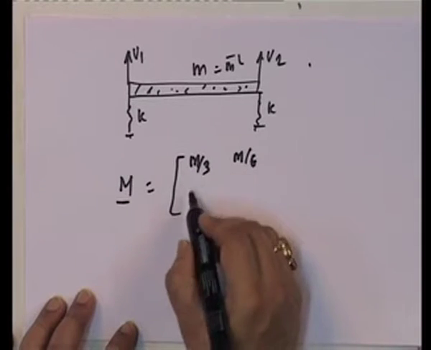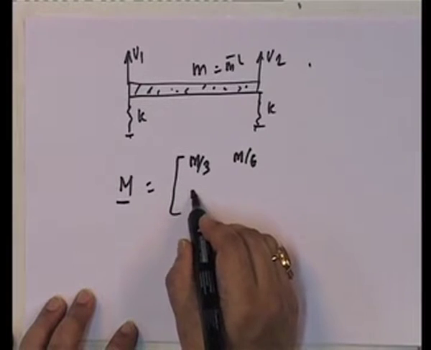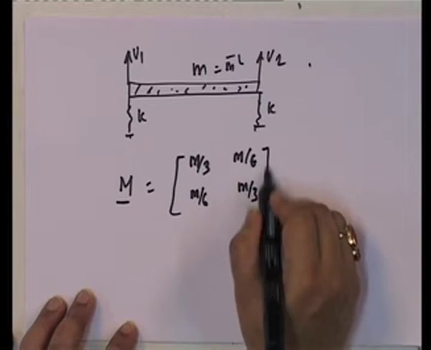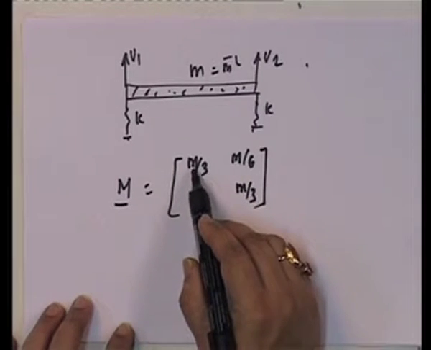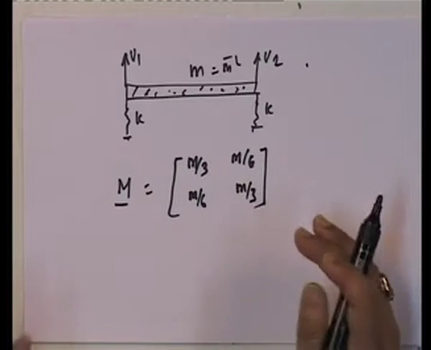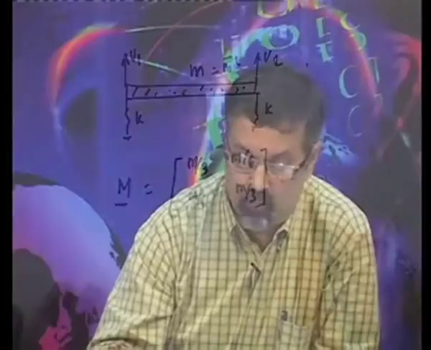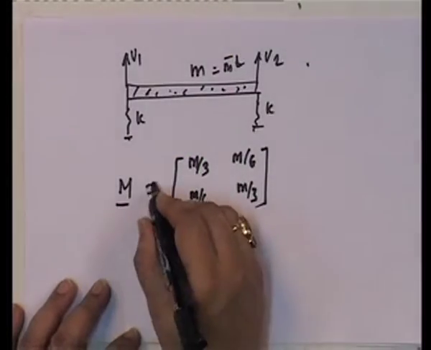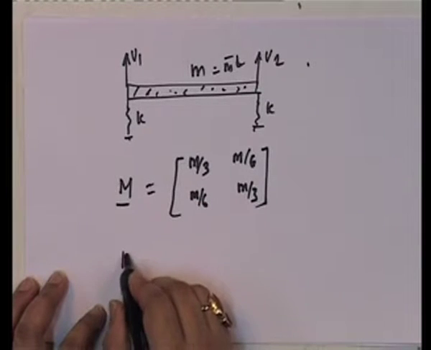So, that I have said is m, m by 6, m by 3. I am just using m as easier than m bar L, that is all. It is not as if there is a different mass and that is why I am putting m. It is just that it is m bar L, so I am just replacing it, just for easier writing.